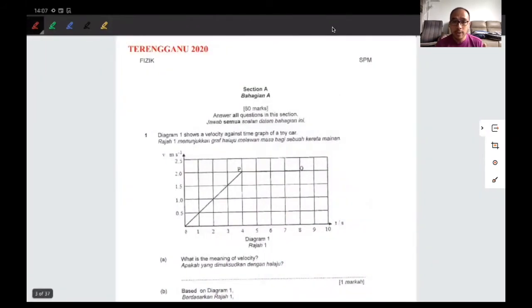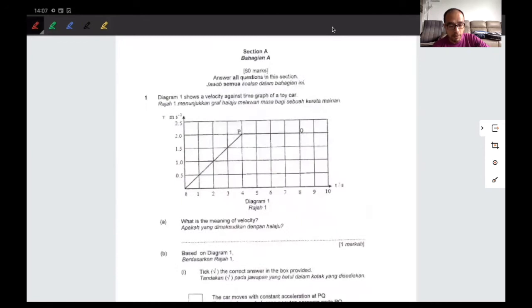All right, we see a similar question in Terengganu question number 1, but this time it is a velocity time graph. Okay, now let's go through the information we know. Now in a velocity time graph, the gradient this time obviously doesn't represent the velocity lah. It represents the acceleration.